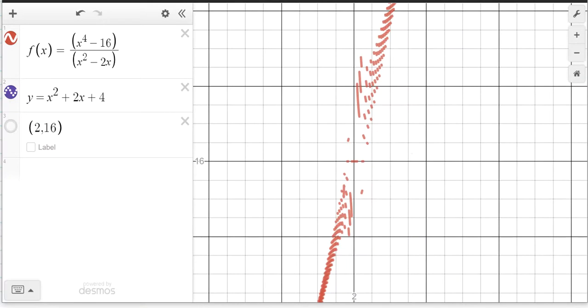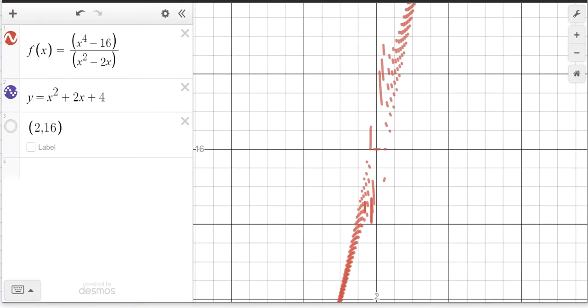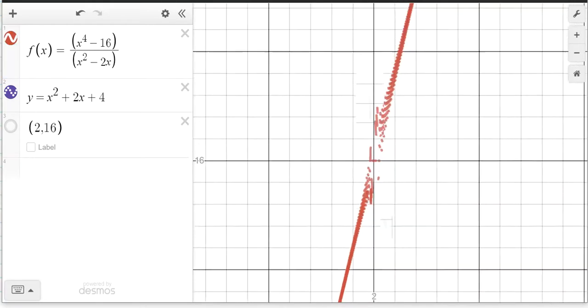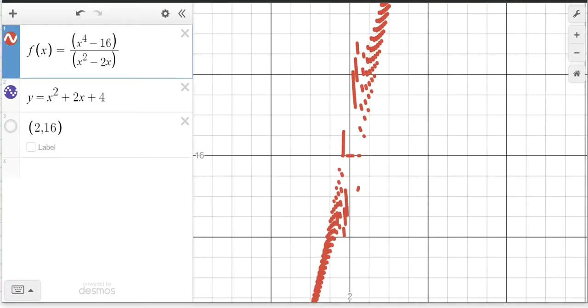The graphing engine or tool that's being used to create these data points kind of fails at this location, as it should, because we can't really establish a point at an x value of 2 in this particular equation. And so, in a sense, their way of showing this hole is by allowing this graph to kind of break down.